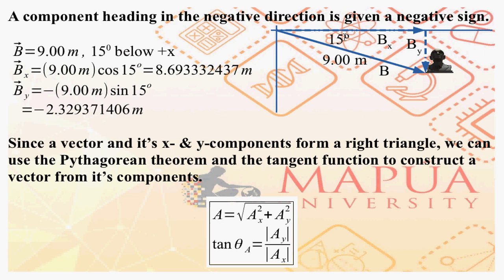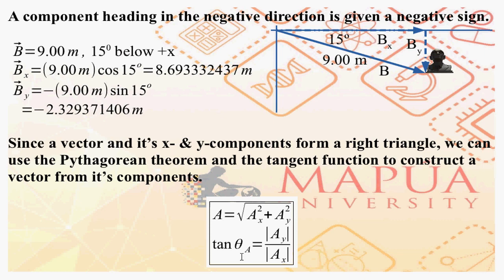And then to get the angle of orientation, you use the tangent function. Tangent is opposite over adjacent. If this is our angle of orientation with respect to the horizontal line, the opposite is the y component, the adjacent is the x component.